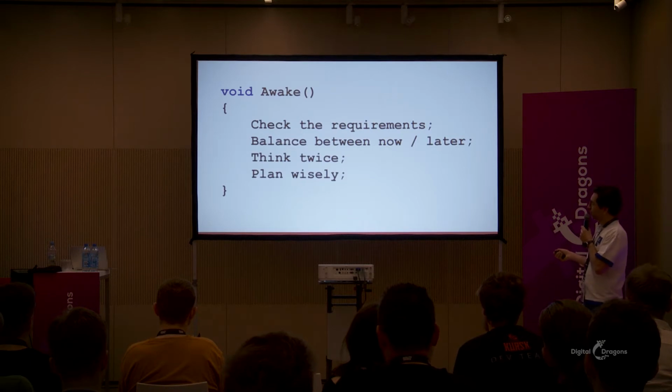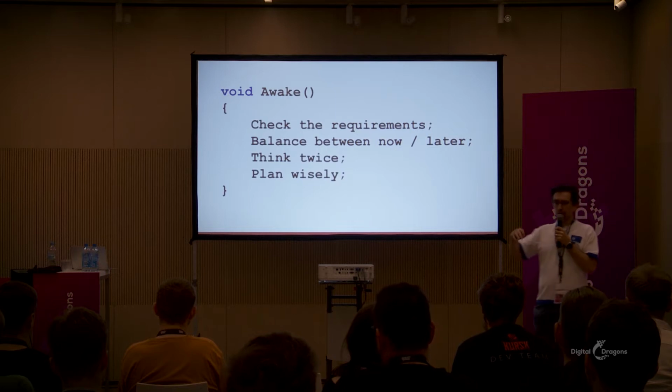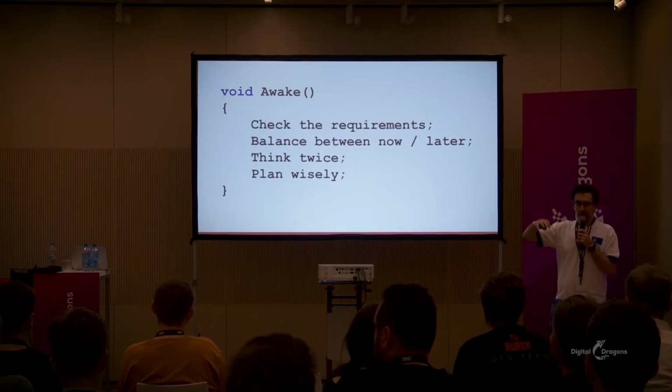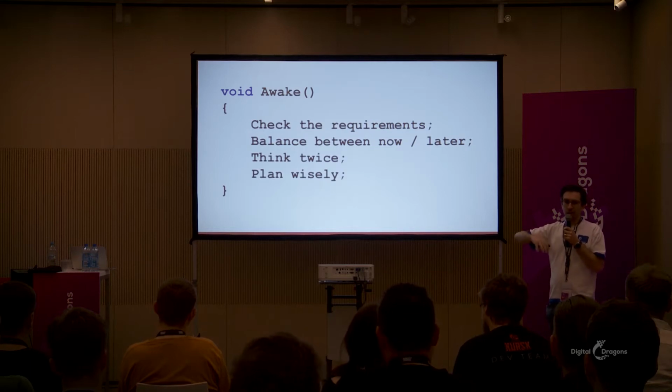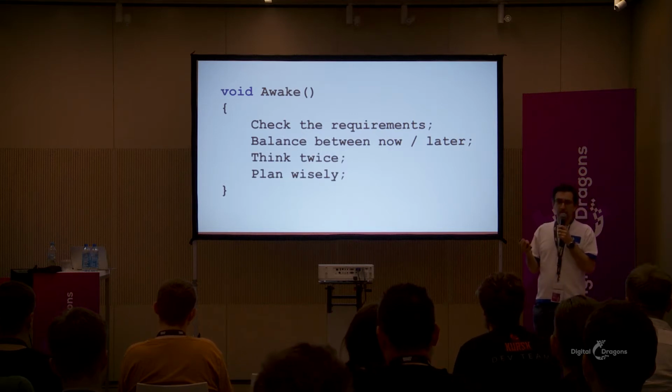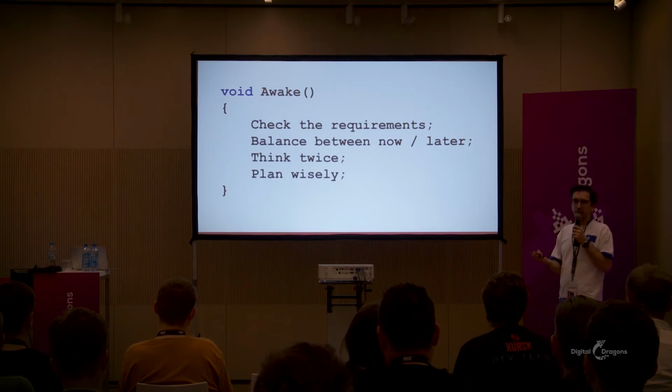We need to balance between now and later, because the time that we are going to spend now on reusable code will be more than if we focus only on developing a game for today. But if we spend more time today developing reusable code, it will be a saving for later.